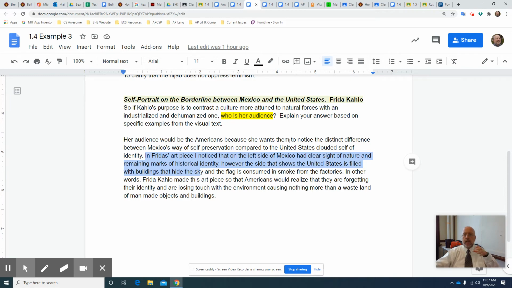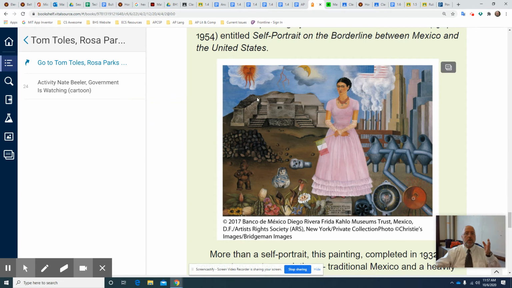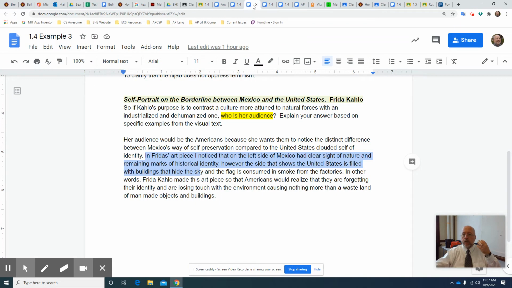You want to actually say flag buried in smoke. You want to get specifically remaining marks of historical identity, like the ruins. So when you talk about historical identity, you want to talk about the ruins, but you are generally speaking about it. That would have gotten like a 3 out of 4, as opposed to a 4 out of 4, because it talks about them generally, but you are on the right track.